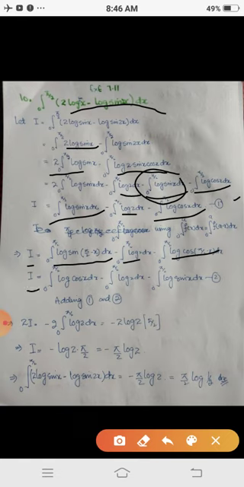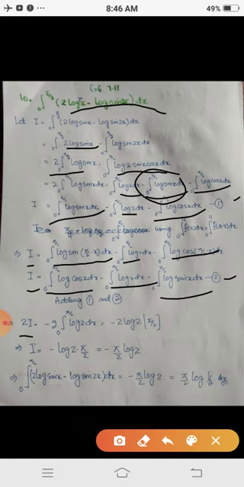That is I equals, sin of pi by 2 minus x is cos x and cos of pi by 2 minus x is sin x, which implies that here we get the integral from 0 to pi by 2 of log cos x dx minus the integral from 0 to pi by 2 of log 2 dx minus the integral from 0 to pi by 2 of log sin x dx, that is second.